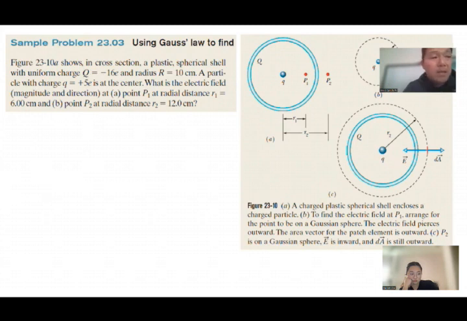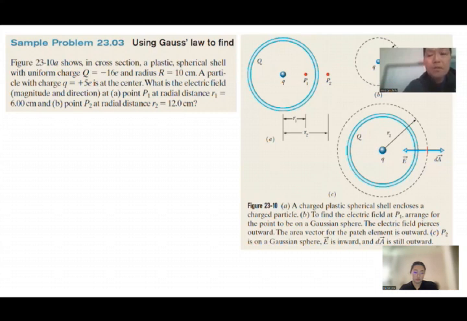In that case, the electric field points outward, because the point charge at the center is positively charged, so that produces an electric field outward.